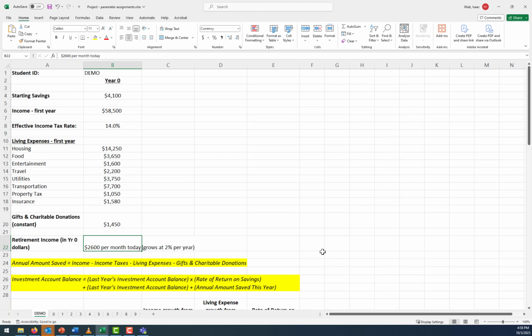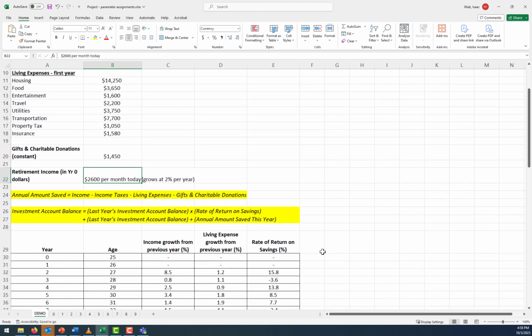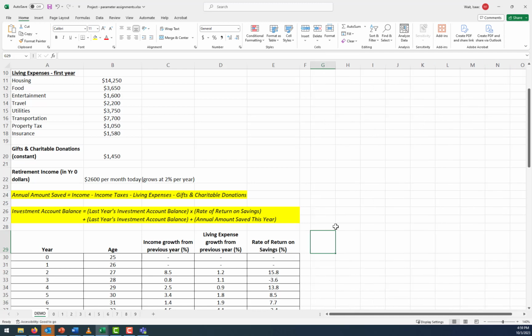So the first thing that we want to do, I suggest, is create a column that's right here. Now, it doesn't have to be exactly in column F, but to the side of the data, and I'm going to call this the retirement income.